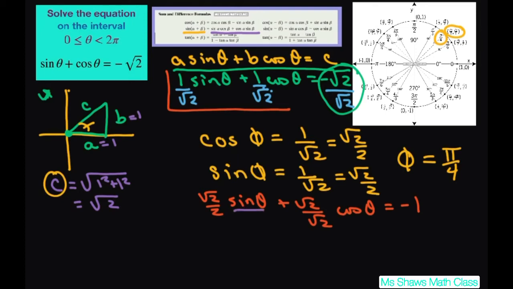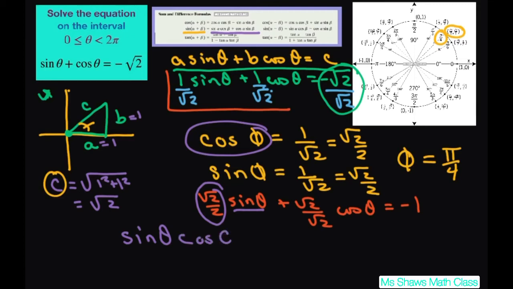We have sine of theta, so write that down. Then we have square root of 2 over 2, and that equals cosine of phi. Then we have a plus, and now we have cosine of theta, and then square root of 2 divided by 2. That should be a 2.